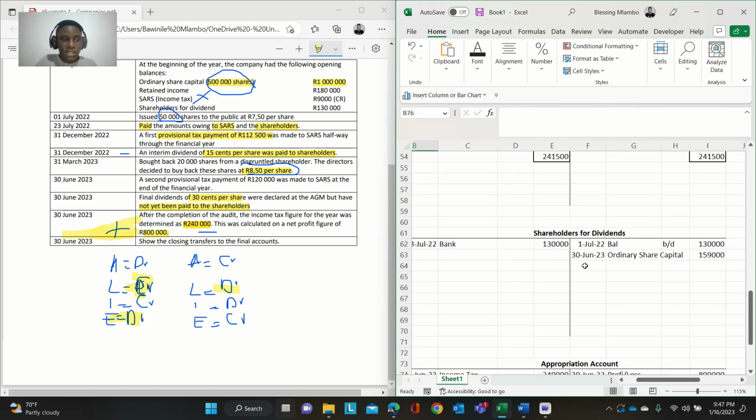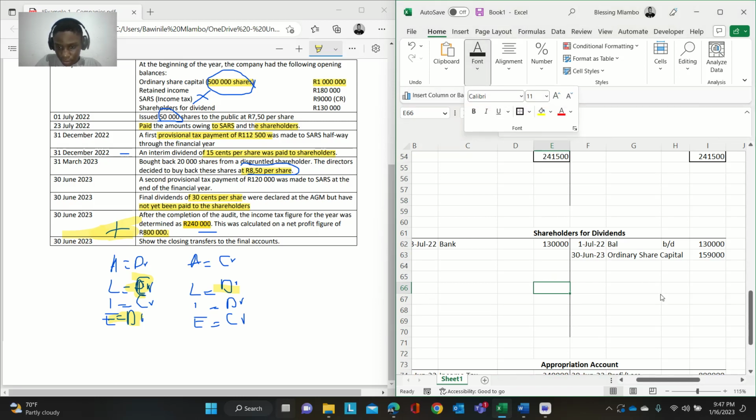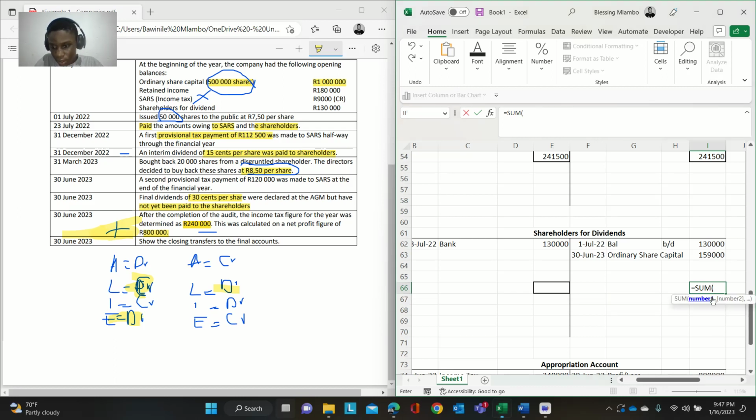And we go down, we have shareholders for dividends. So shareholders for dividends is a liability account, not an income, not an expense account, but a liability account, because it refers to the money we owe to shareholders. So this liability account will have a closing and opening balance. So we're just going to see which side is bigger between the two. It seems like this side will obviously be bigger, so we can just add everything up on this side and say bar.